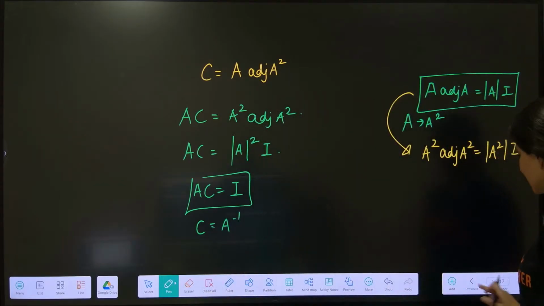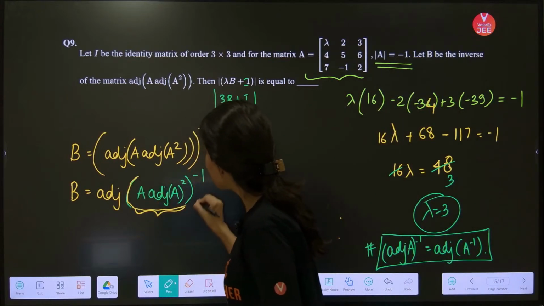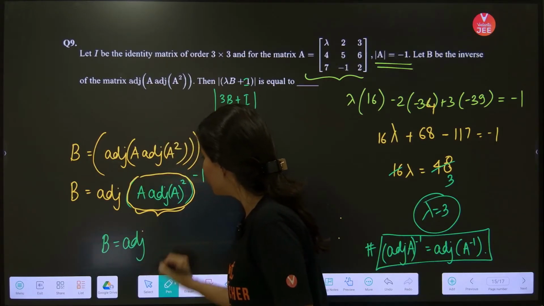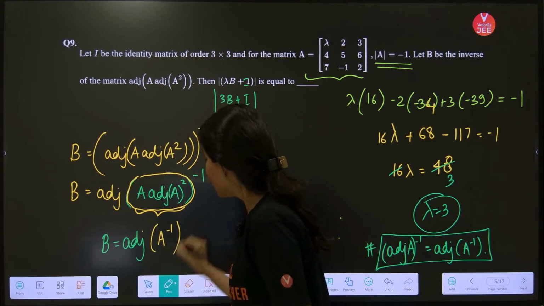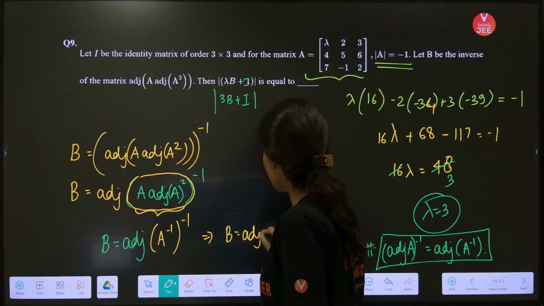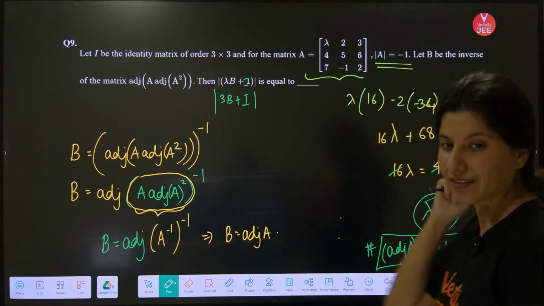So B is nothing but adjoint of A inverse, whole inverse. So B matrix is nothing but adjoint of A.